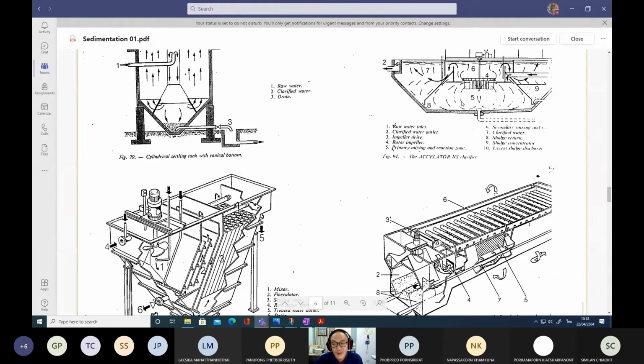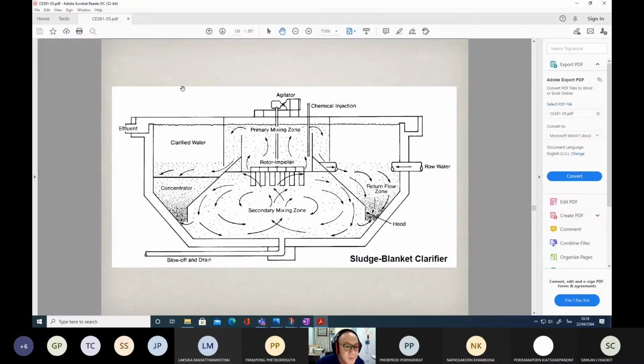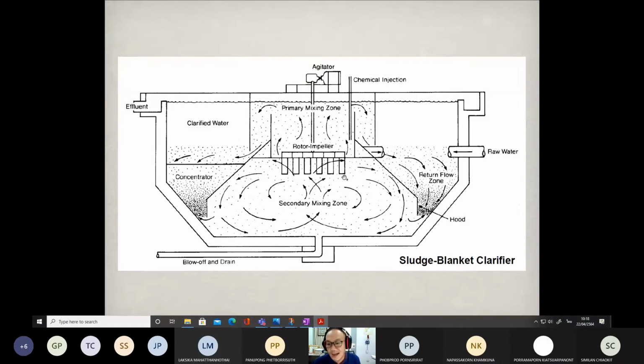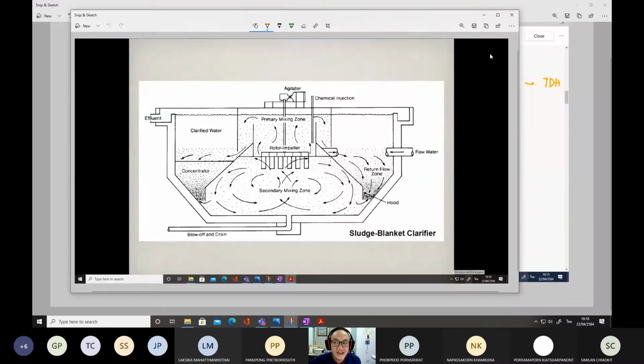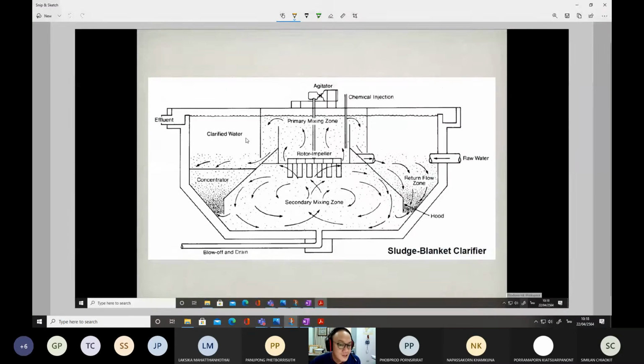So the tank is simply divided into two zones. Just have a look at this figure, maybe it's more clear. These tanks are in fact circular tanks.